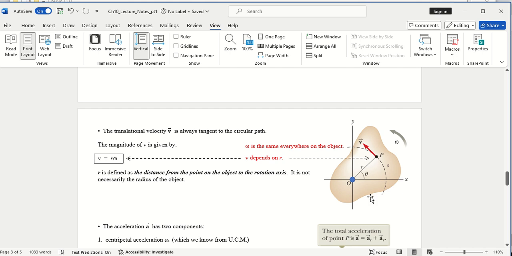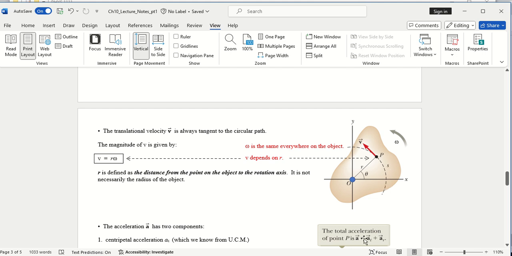So we have this rigid rotating object. There's a point on this object indicated by P. That point P is moving in a circle indicated by that dotted line.